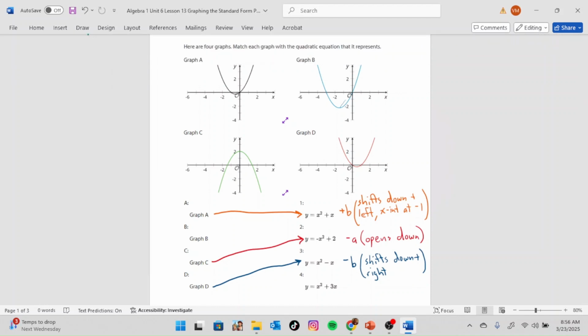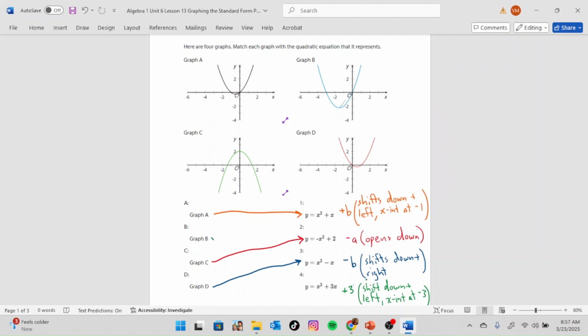On equation 4, we have a plus 3. So this tells me shift down and left with an x-intercept at negative 3.